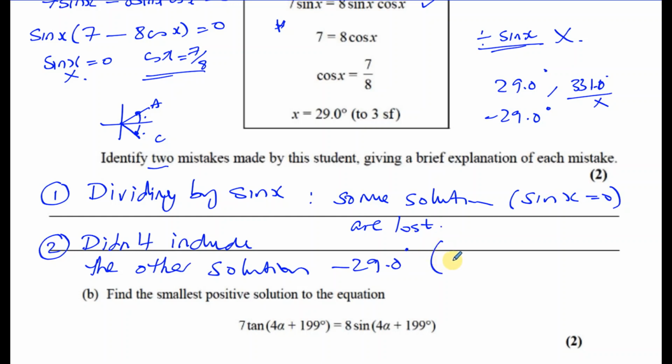So how would you explain that? Didn't include the other solution, minus 29.0, which has the same cosine ratio as 29.0. Alright, so those are the two mistakes in that particular question.